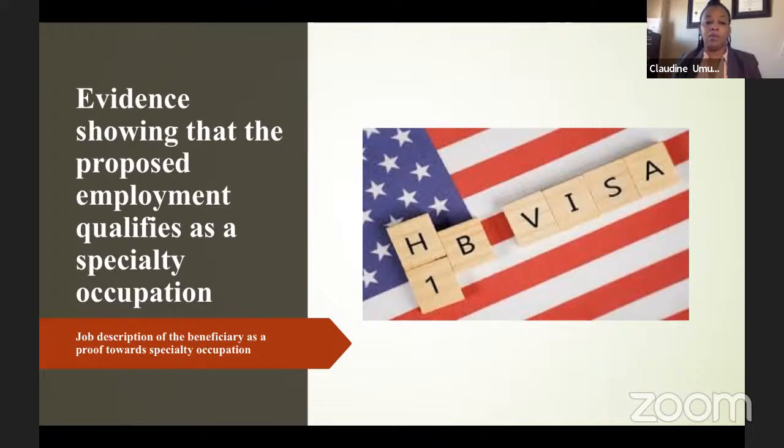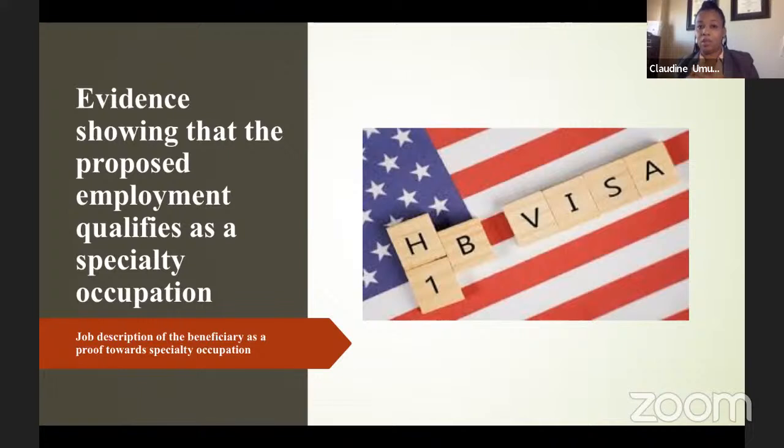So number one, even in the beginning, before you do everything, the job description is very key in how you get your H-1B approved. That's why you hire an attorney. Really the main job of an attorney, other than just helping you navigate this whole process, is to make sure the job description matches the specialty occupation requirements.